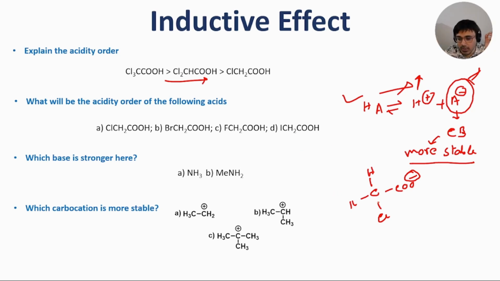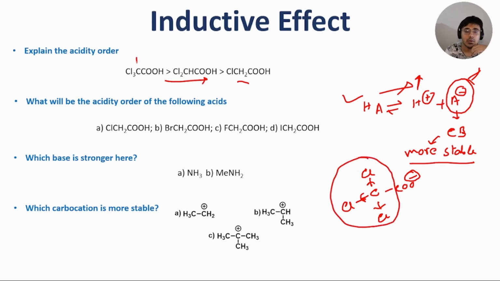So in case of monochloroacetate, we have only one minus I effect, right? In case of dichloroacetate, we have two minus I effects here. In case of trichloroacetate, we have three times more minus I effect than the monochloroacetate. So the acidity order will be highest in case of trichloroacetate.